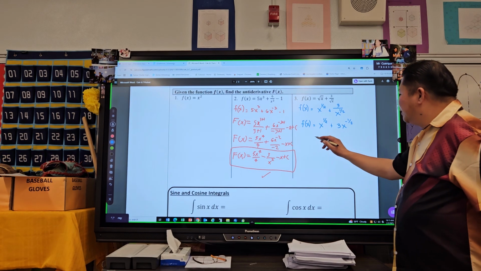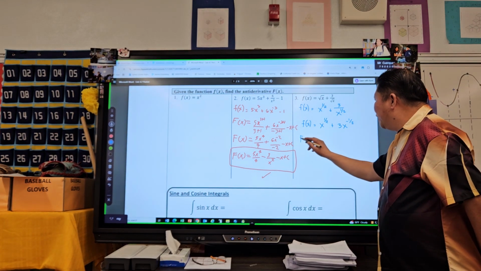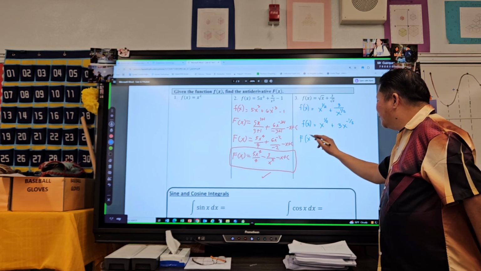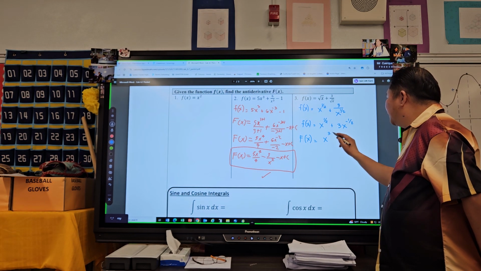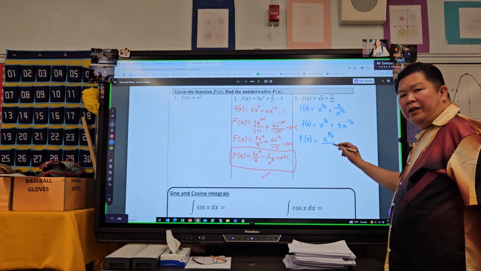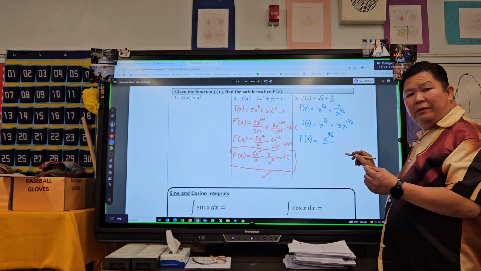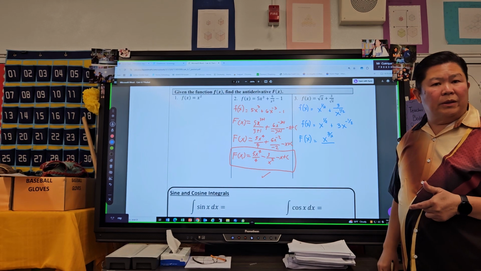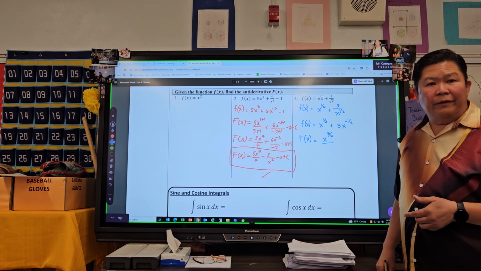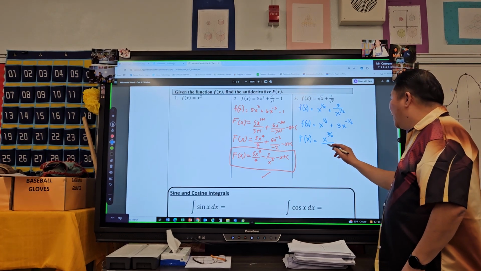So, to take the antiderivative, we have f of x is equal to x to the power of 3 halves. I'll show you first. I'm gonna write 3 halves, but the final answer should be, we're gonna flip the 3 halves into 2/3, right? So I'll write first 3 halves.